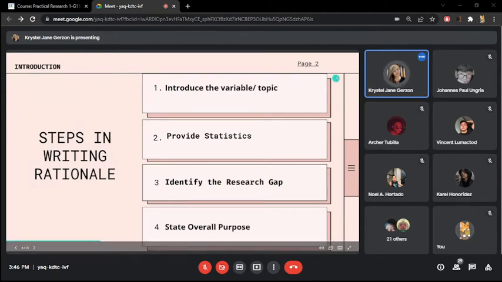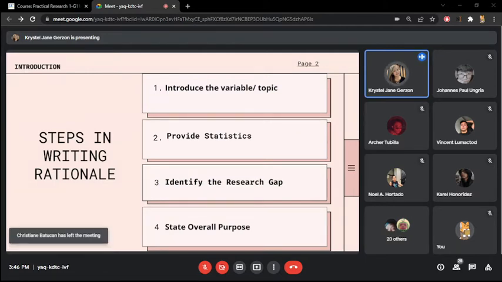Because remember that in research, people, we not only fill in the gap of knowledge, but also we have to provide new information or contribute to the body of knowledge. So it would be useless if you are going to conduct a study and it would not provide us with newer information or with different information from other past studies or researches.